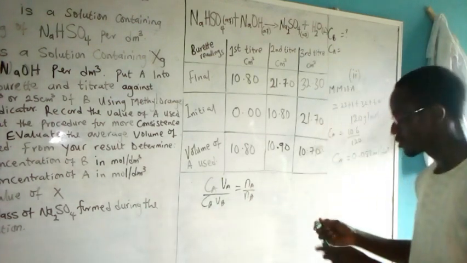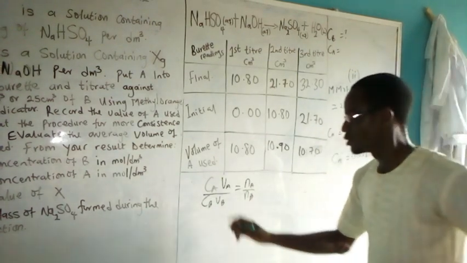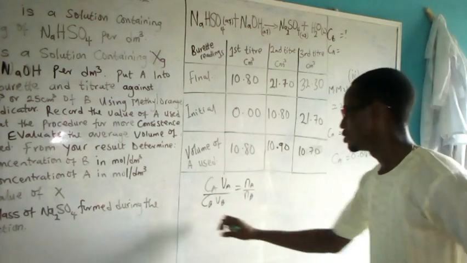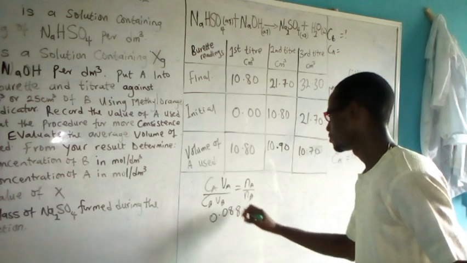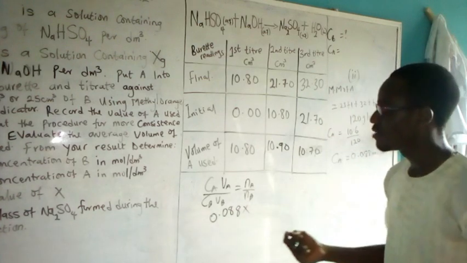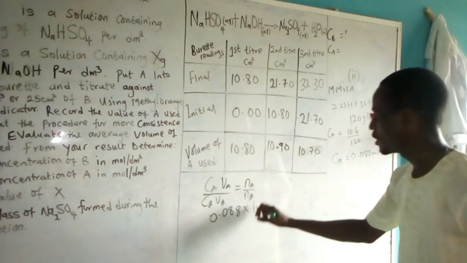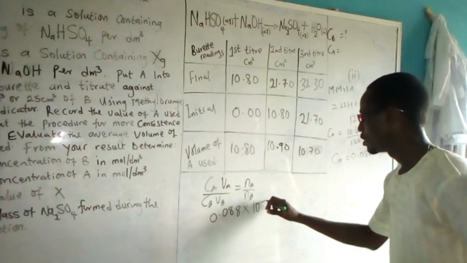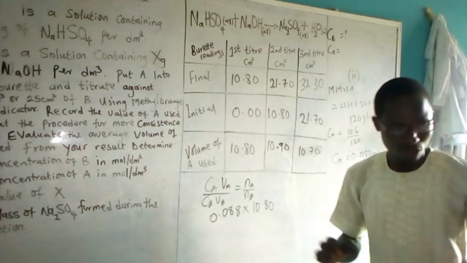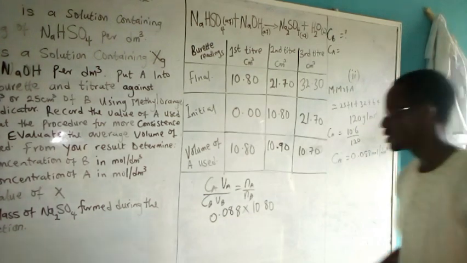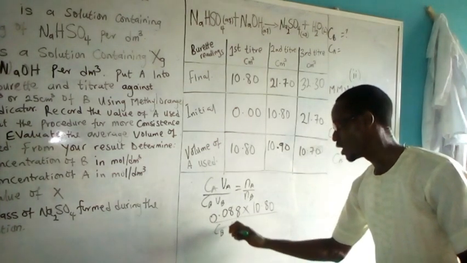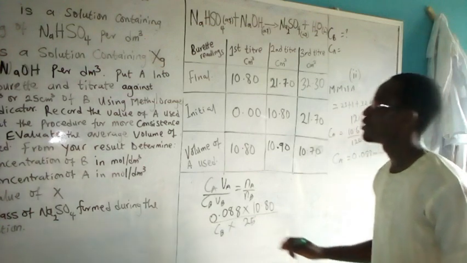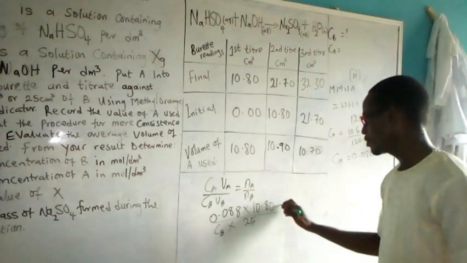When we calculate, we have Ca to be 0.088 times Va, which is the average volume of acid used, and that is 10.80. Thereafter we have the Cb, which is what we are looking for, Cb times 25, which is the volume of pipette, all equals.